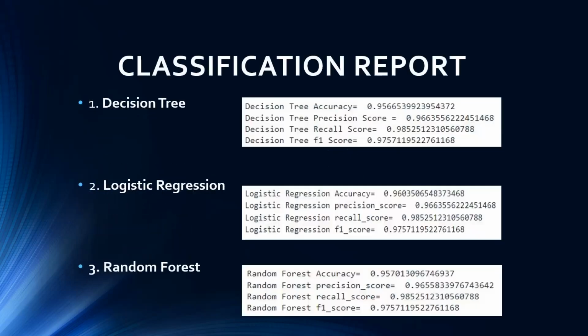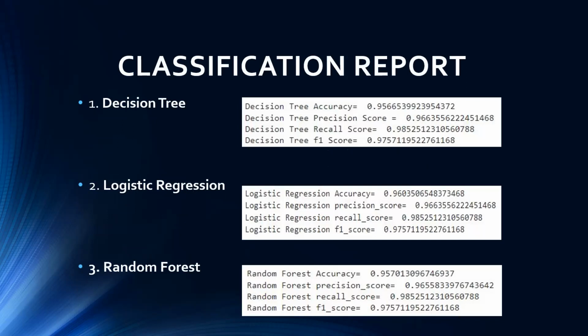So here is the classification report. I have done three classifications: decision tree, logistic regression, and random forest. Decision tree got an accuracy of 95%. For the logistic, it's 96, and for random forest, it's 95.